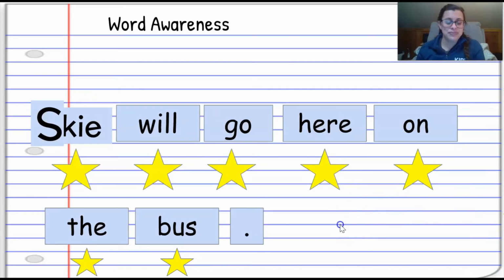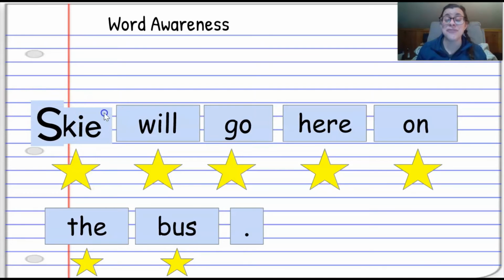All right. Is this sentence complete? Yeah, I have my uppercase, I have my period. I'm going to read the sentence. Sky will go here on the bus. This is a person's name. It's important that we always have an uppercase letter in people's names.